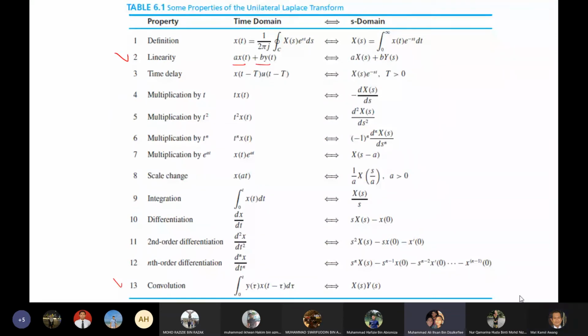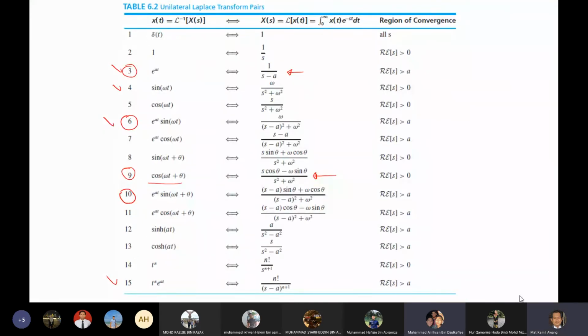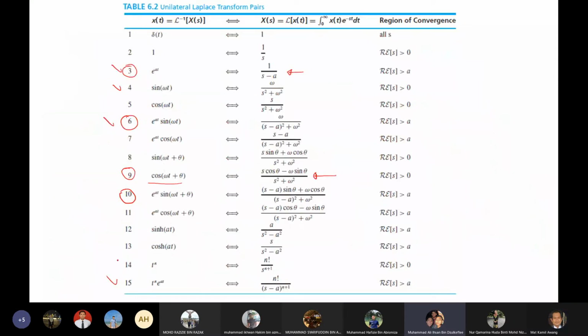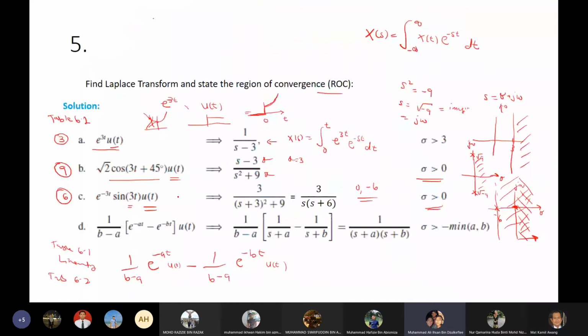From table 6.1 you use the linearity function, and table 6.2 is number 3, because this is just a constant.